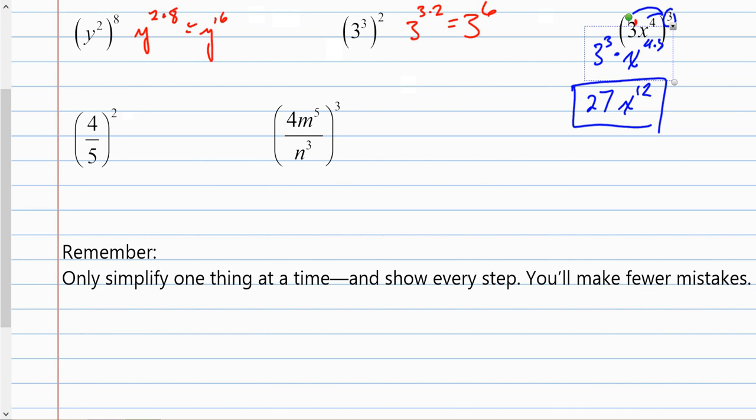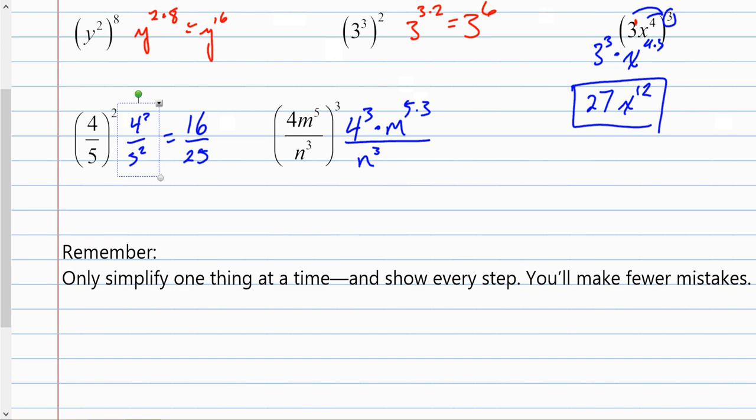So this 4/5 all to the second power is going to give me a 4 to the second power over a 5 to the second power, which gives me a 16 over 25. And this last one, I wind up with a 4 to the third times an m to the 5 times 3 all over an n to the 3 times 3.